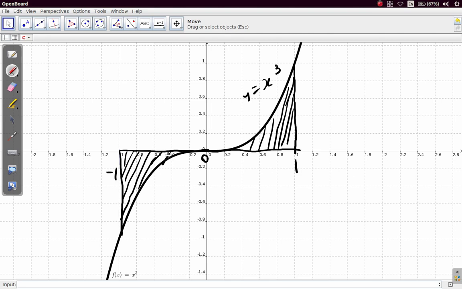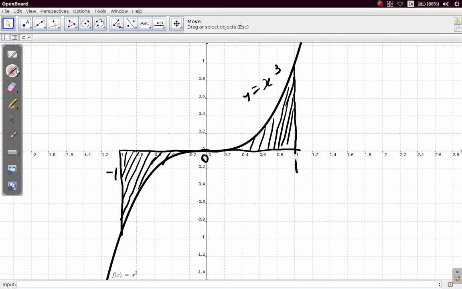Now, suppose we integrate from -1 to 1. What would we expect to get? It should be 0, because that calculation will consider the negative and positive areas as adding up and getting 0.